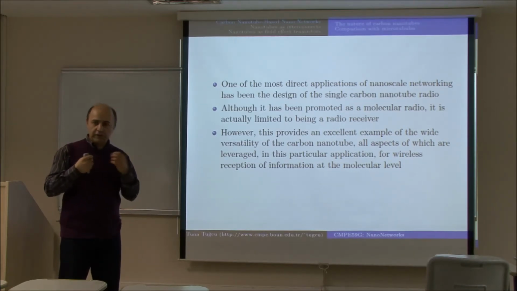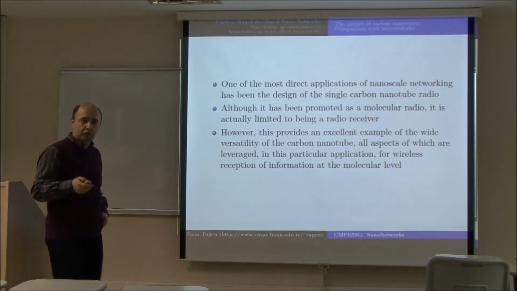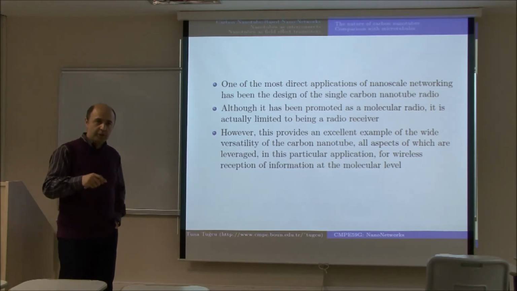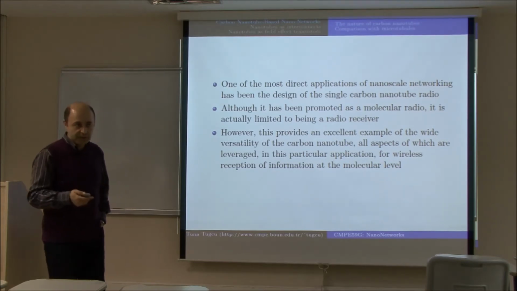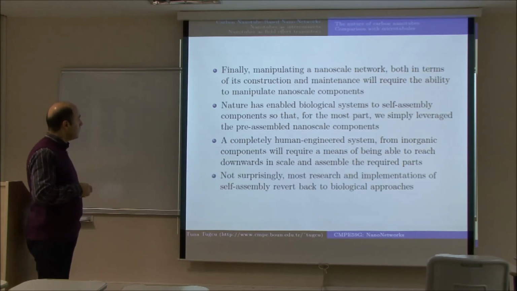That means to the wireless devices we already know. Otherwise, if you cannot do it, the information will get stuck at the nanoscale and you cannot use it, which is useless. Actually, you will not even be able to detect that there was such a communication.